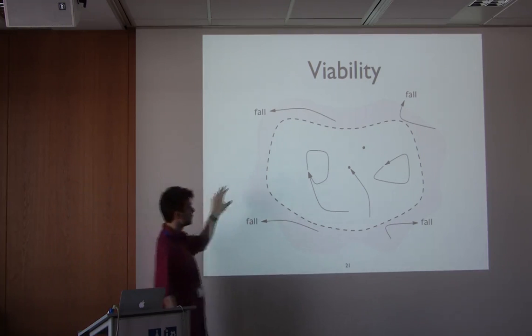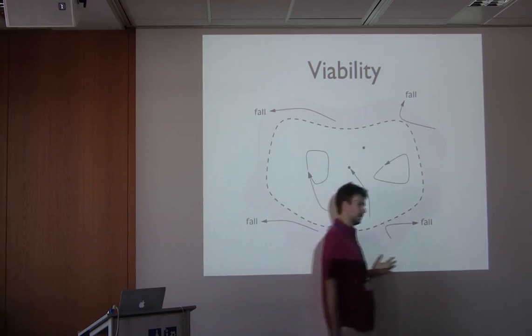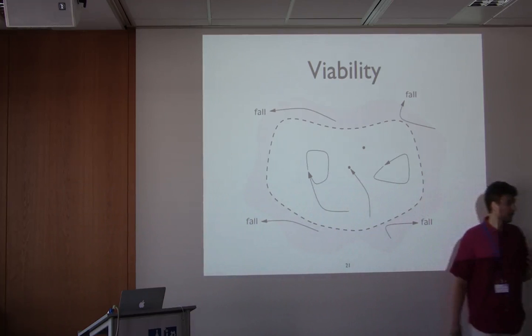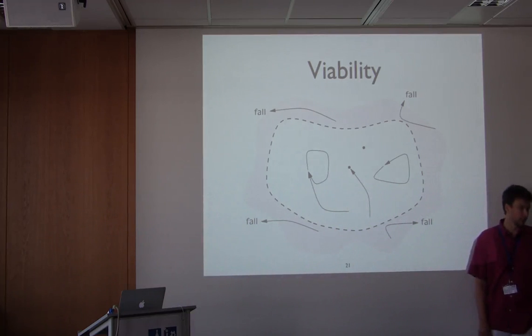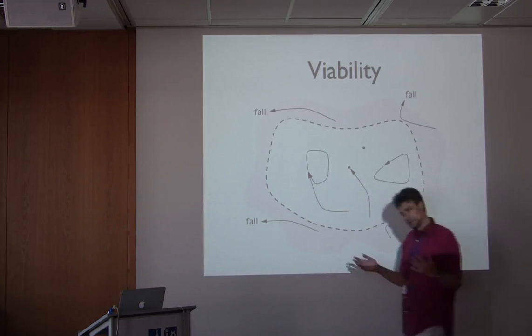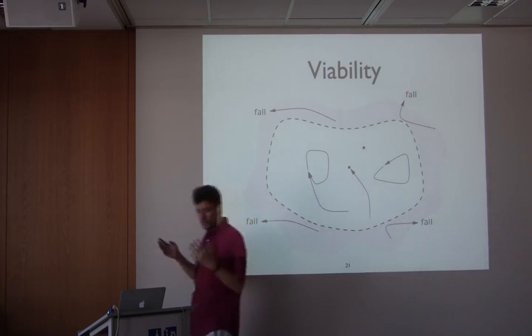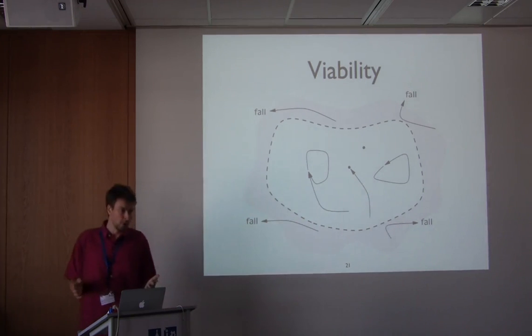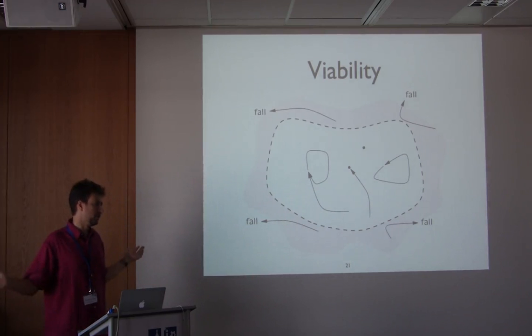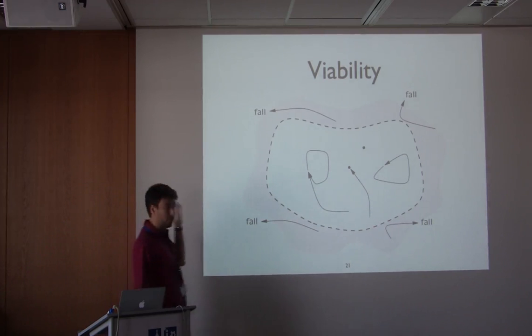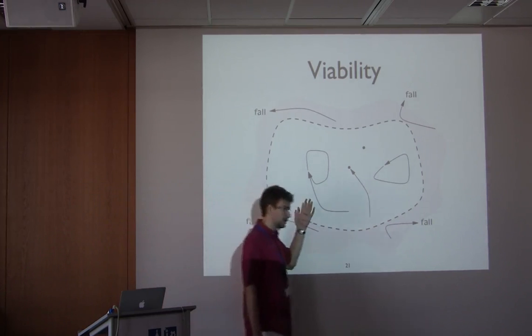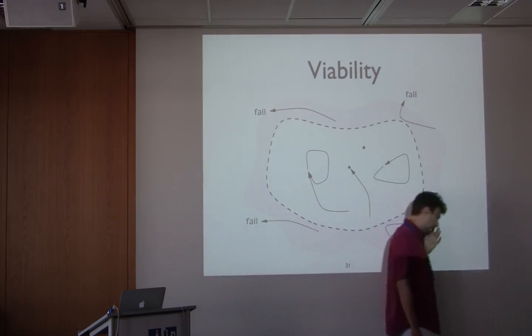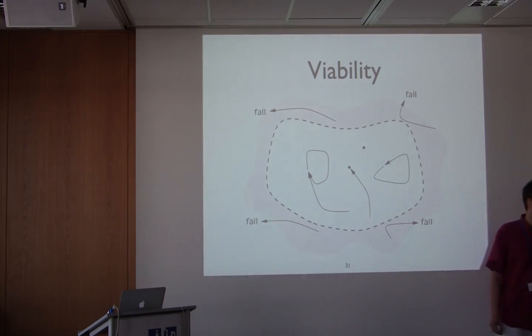And you have situations where, if you do the right thing, you can avoid falling. Of course, if you do the wrong thing, you can always fall. So it's just an option between: if you do the right thing, you can avoid falling, or whatever you do, you're going to fall. And of course, we want to be in a state where we have an option to avoid falling. So our goal is to always keep our state viable.